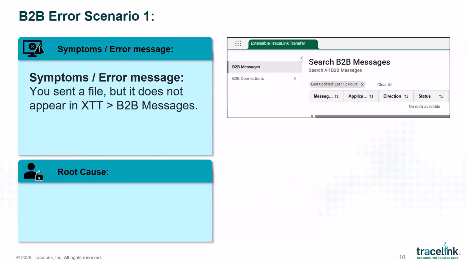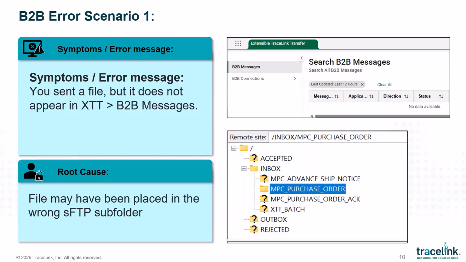You sent a file, but it doesn't appear in XTT B2B messages. If it was sent through SFTP, please verify the exact subfolder where the file was placed. The most common reason a file doesn't appear in XTT B2B messages is that it was uploaded to an incorrect subfolder, even if the SFTP upload itself was successful.